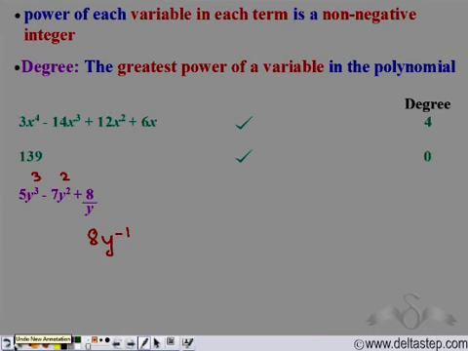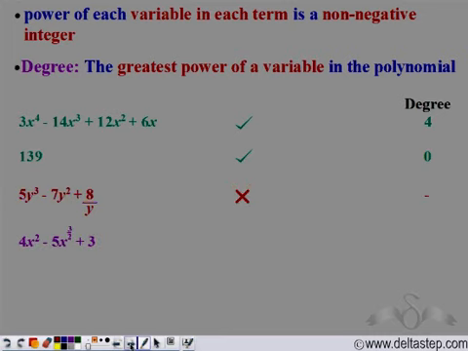So the power of y here is negative 1. So is the power of each variable a non-negative integer? No. Over here, the power of y is a negative integer, which is negative 1. So this is not a polynomial. Note that this is a trinomial, that is, an expression containing 3 terms, but it does not qualify as a polynomial.